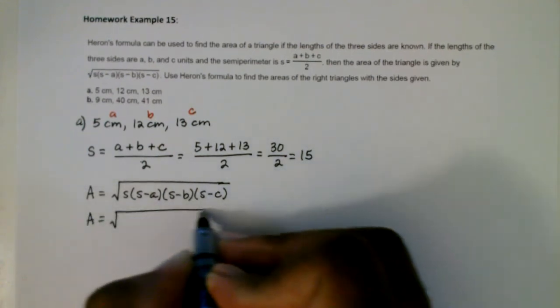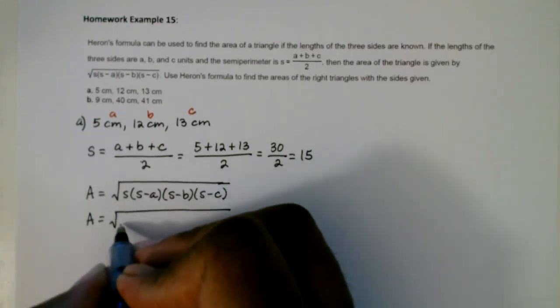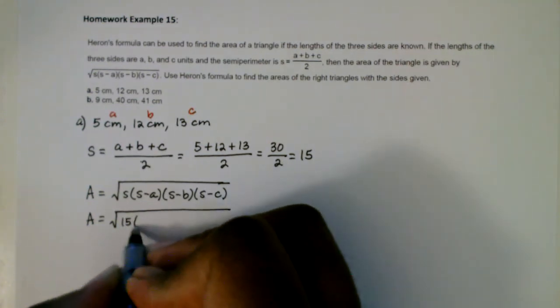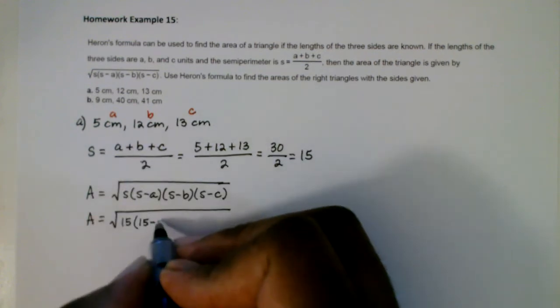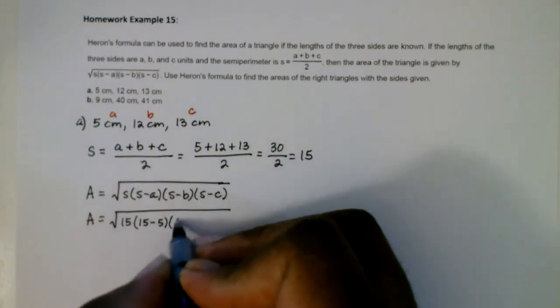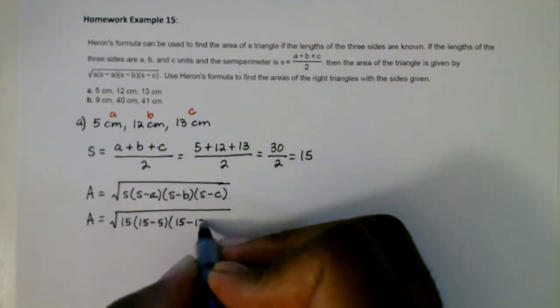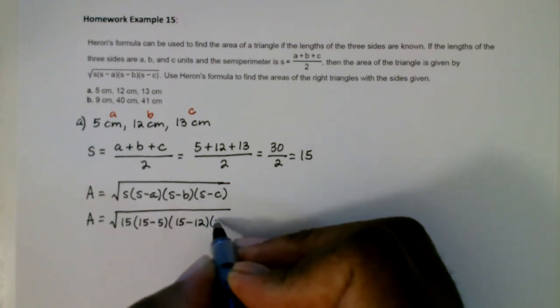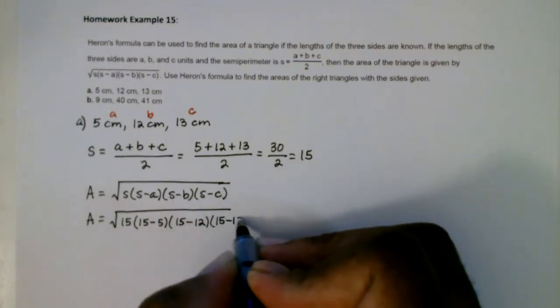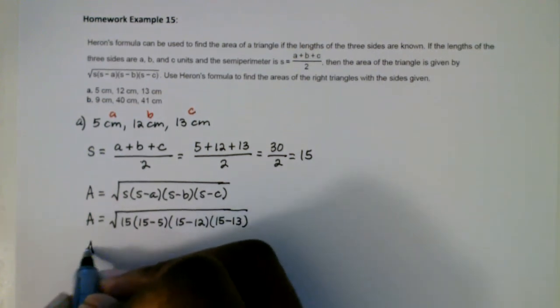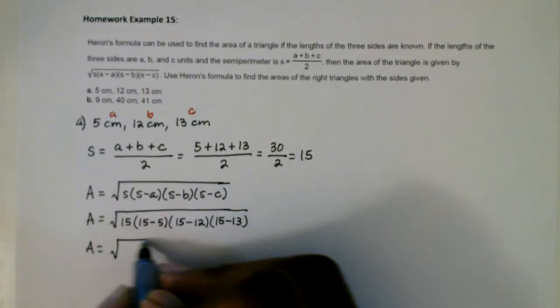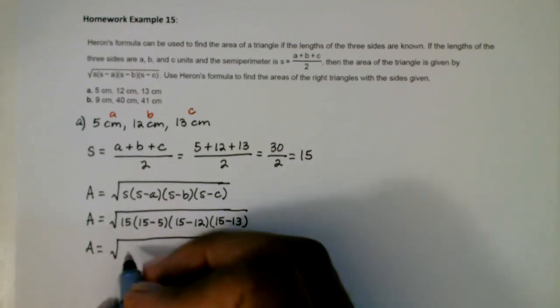So the area will be the square root of S, which is 15, times S minus A, that's 15 minus A, which is 5, times 15 minus B, which is 12, times 15 minus C, which is 13. So in this case here, all of this would be under the square root.